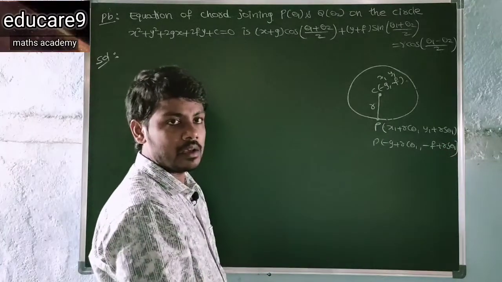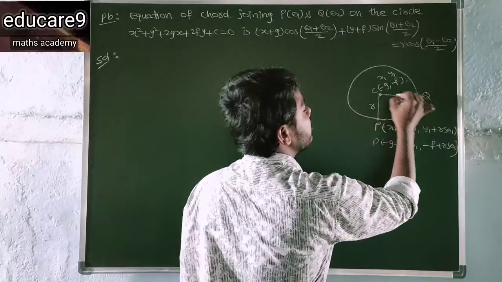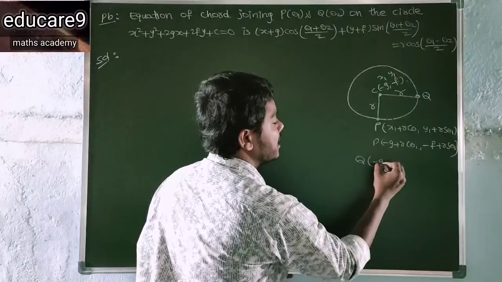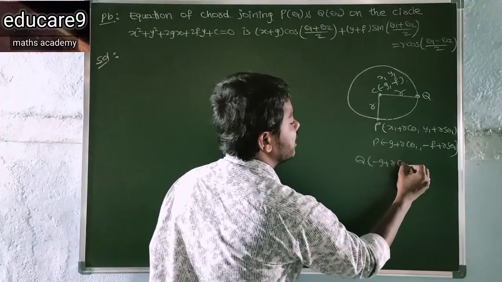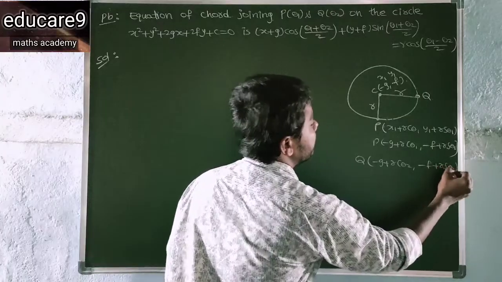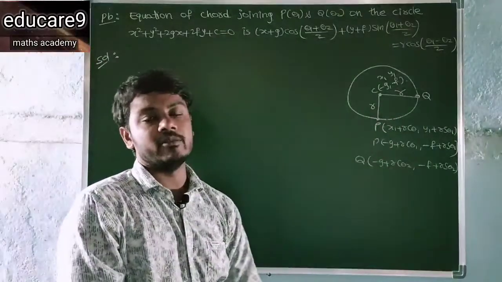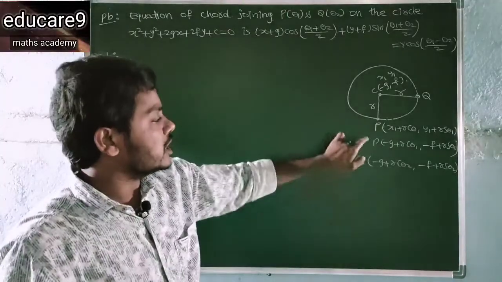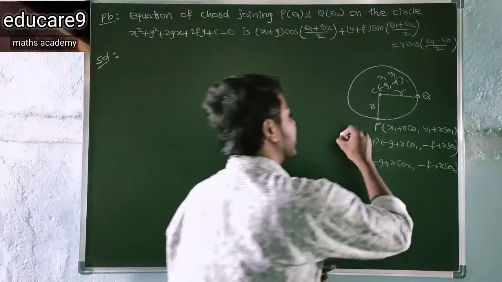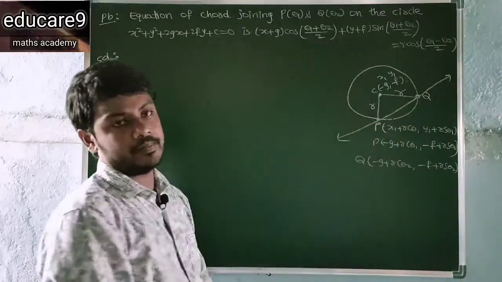Similarly, Q is any point on the circle and CQ distance is r. So Q is minus g plus r cos theta 2, minus f plus r sin theta 2. So these are the two parametric points. Now using these two points, you can find the equation of the chord joining P and Q.